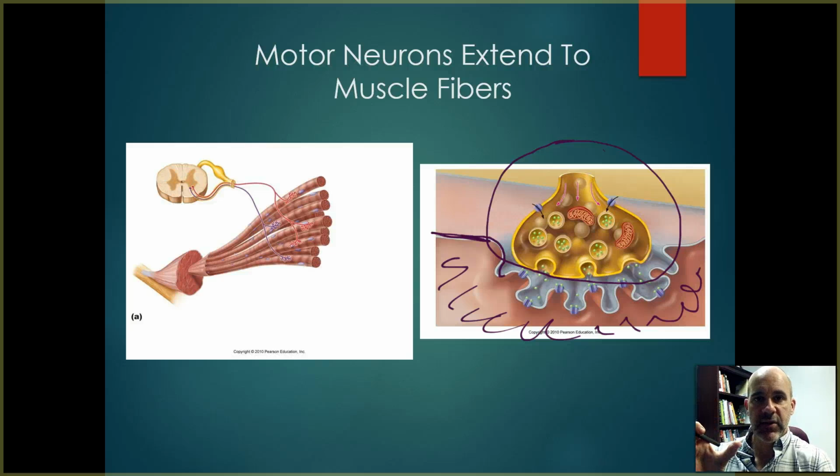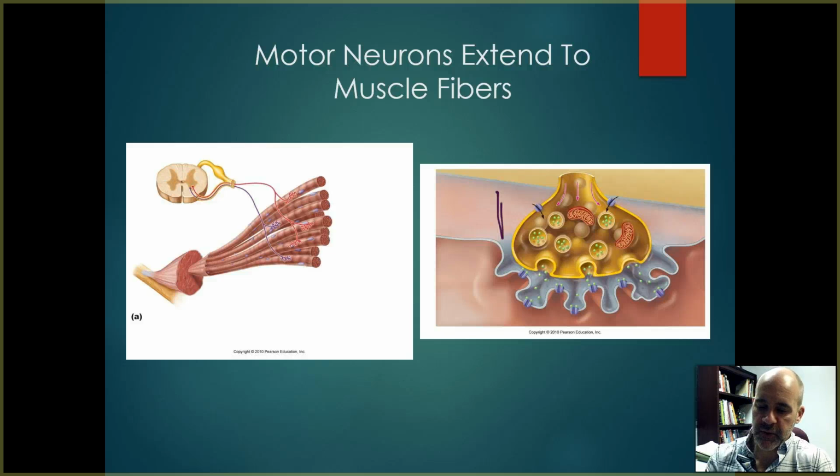And where the axon terminal or synaptic knob and that muscle fiber are coming together, you've got a little indentation in the muscle fiber that's called the synaptic cleft. And remember this little gap between the two, the axon terminal and the muscle fiber membrane don't actually physically make contact. That's called a synapse.